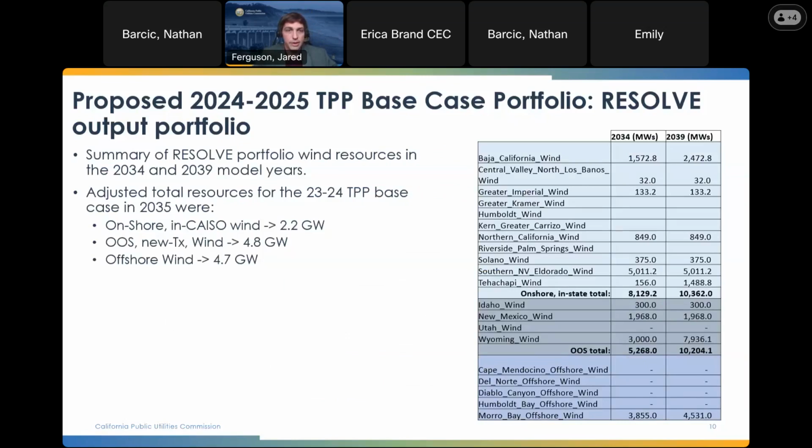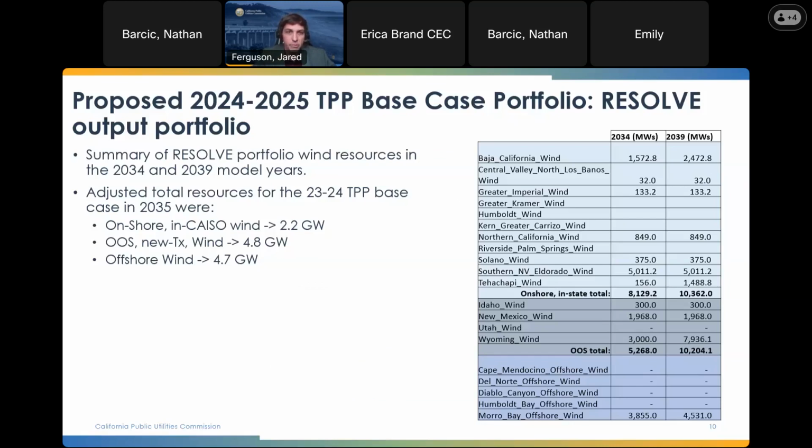And then on the opposing side, this portfolio has significantly more onshore wind resources. You can see that the portfolio has about 10 gigawatts of onshore by 2039, compared to just over 2 gigawatts in the previous base case.